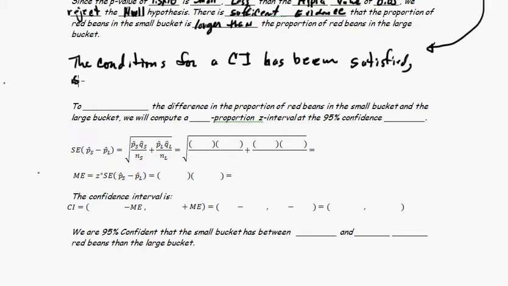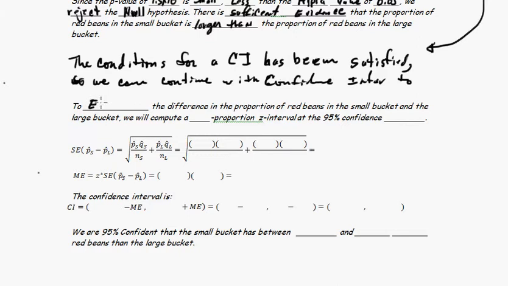So we can continue with, just say something like, with a confidence interval to estimate the difference in the proportion of red beans in the small bucket and the large bucket, we will compute a 2 proportion z interval at the 95% confidence level.